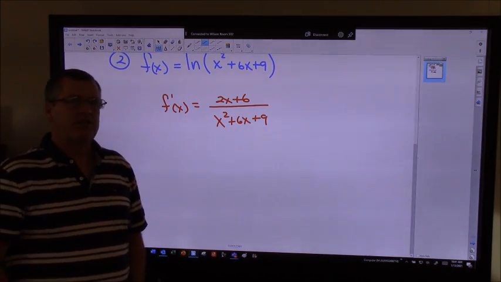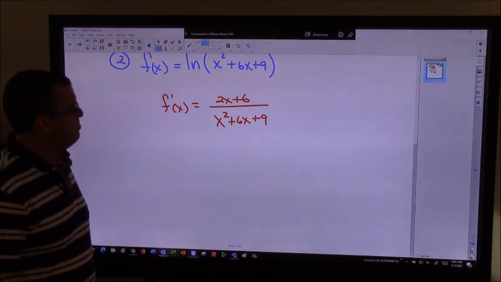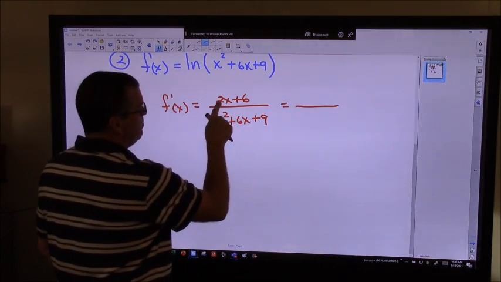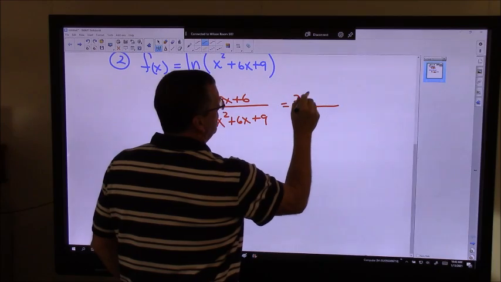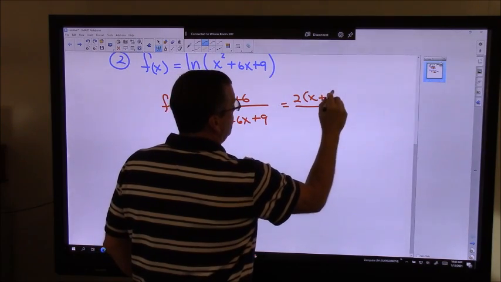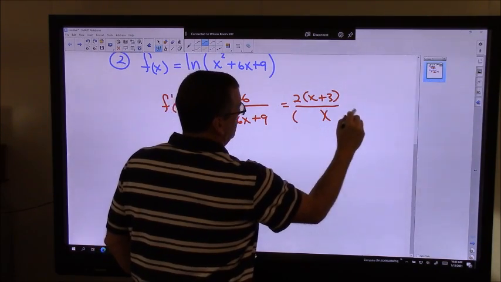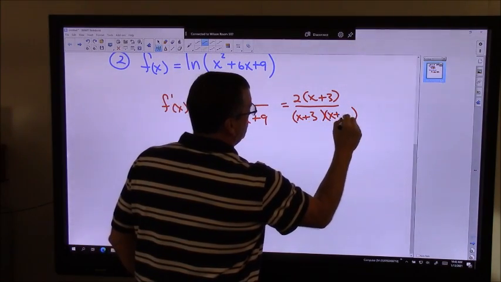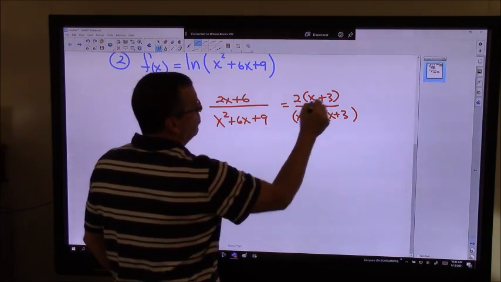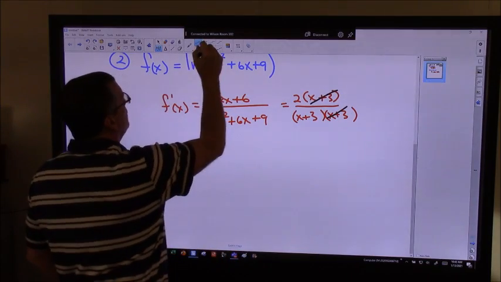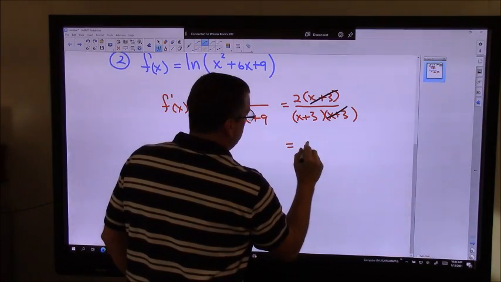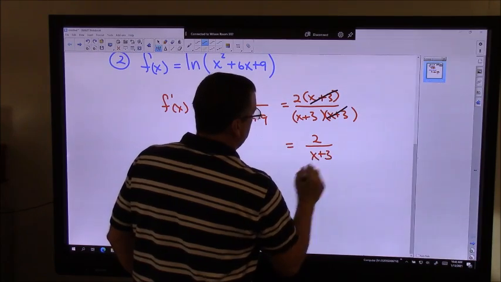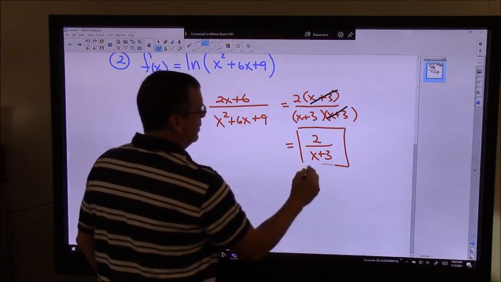I don't think we're done this time though. I think this one can be simplified. If I factored both numerator and denominator, I could factor a 2 out of this and get x plus 3. And in the denominator, this is x plus 3 times x plus 3. So we could cancel those factors, and our actual answer is 2 over x plus 3. There's our derivative.